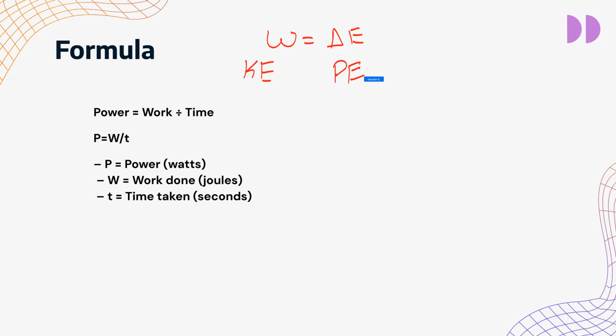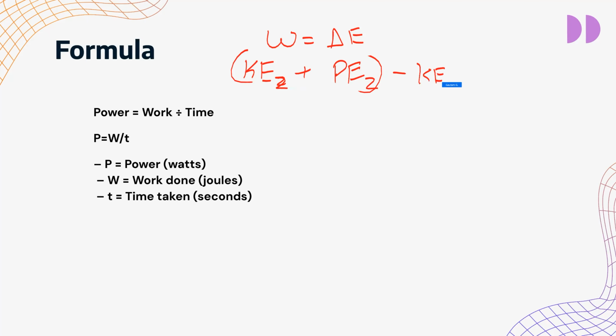Basically what work says is the kinetic energy of the second plus the potential energy of the second, minus the kinetic energy of the first plus the potential energy of the first, is equal to the change in energy. That's right, right, Lucas?